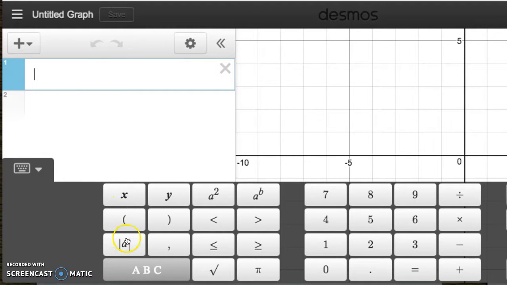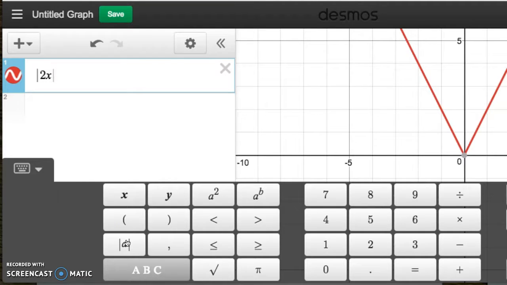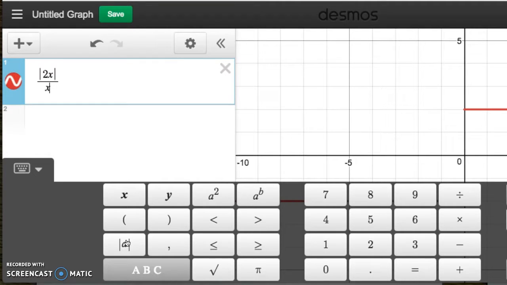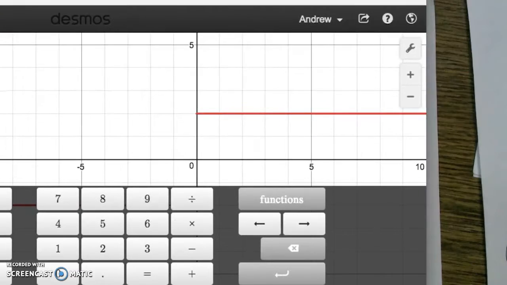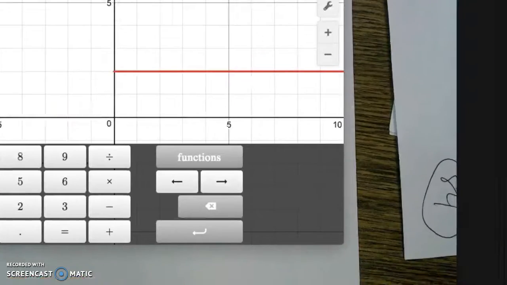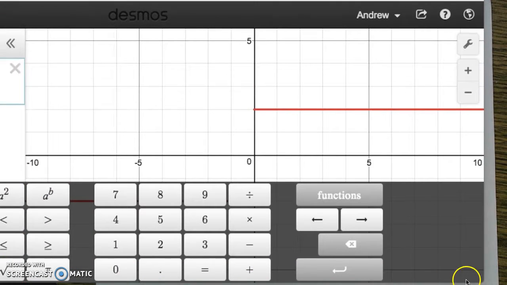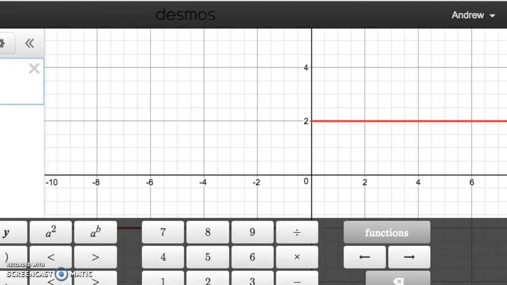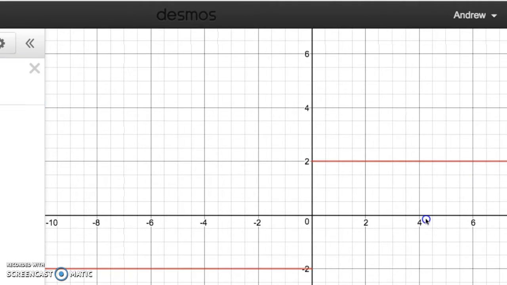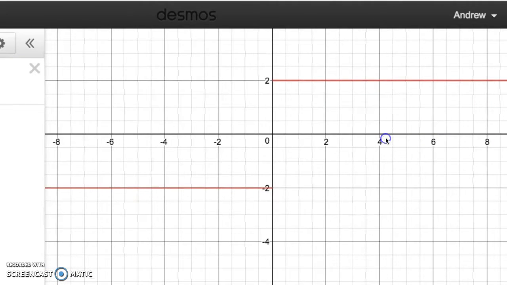All right, we're going to do absolute value, which is here, 2x divided by x. And when we look at our function, this is what your graph looks like. So I've got a horizontal line going to -2 on the left side of 0.